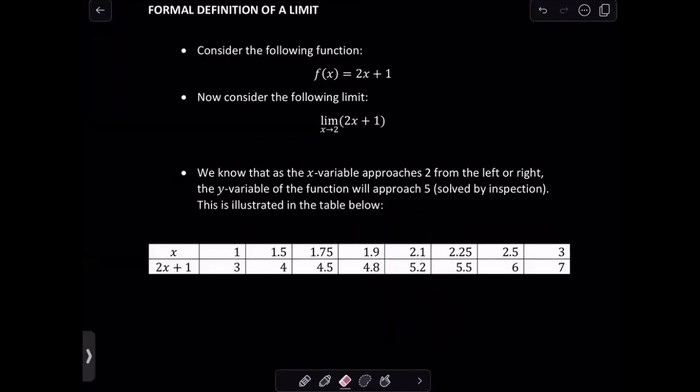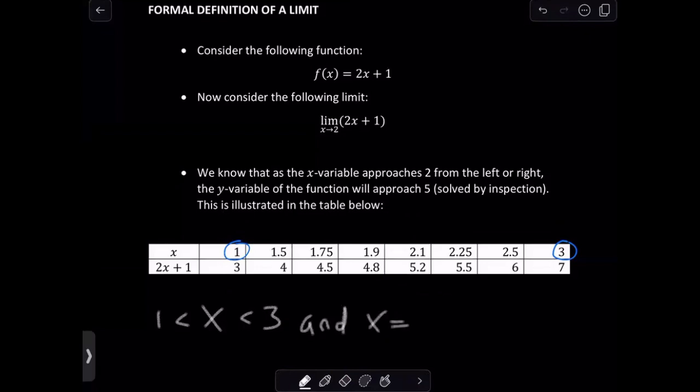Now, I want to do something with the table. Let's look at the values 1 and 3. We're going to look at these ones because they're not fractions, they're just nice numbers. Let's assume that x is between 1 and 3, and x is not equal to 2.